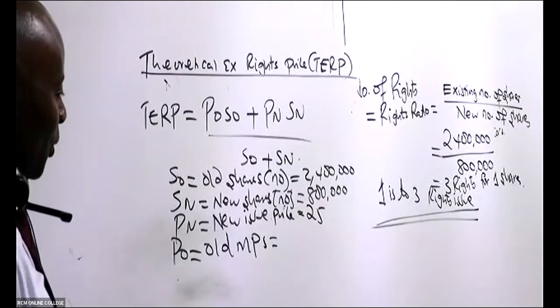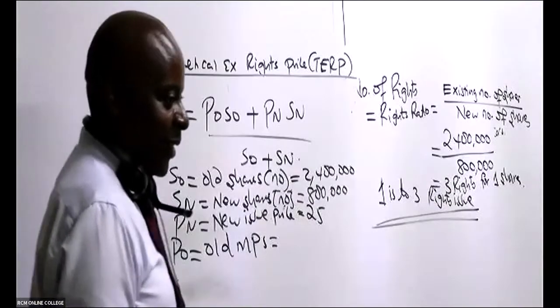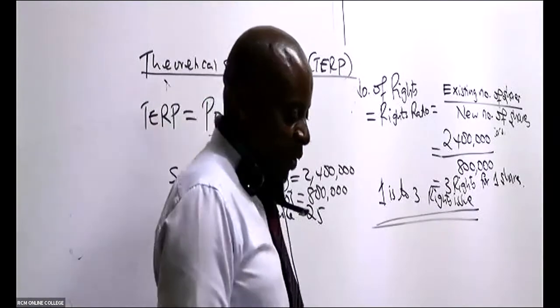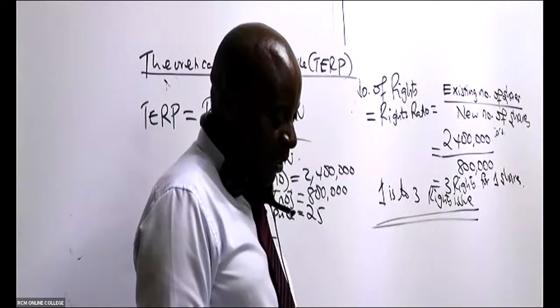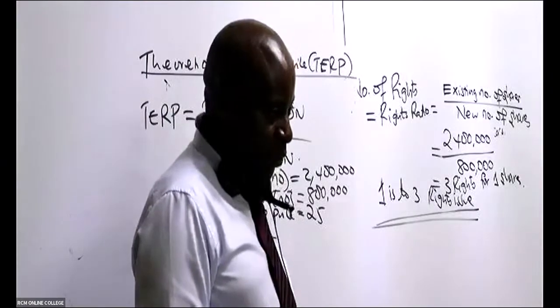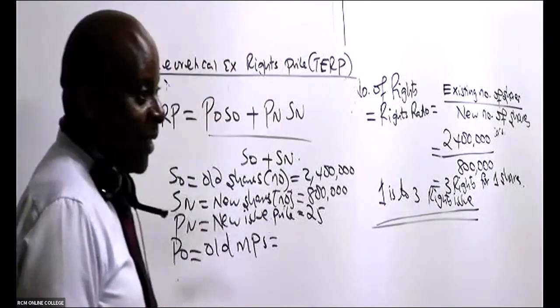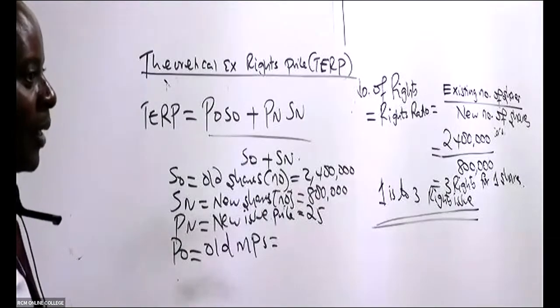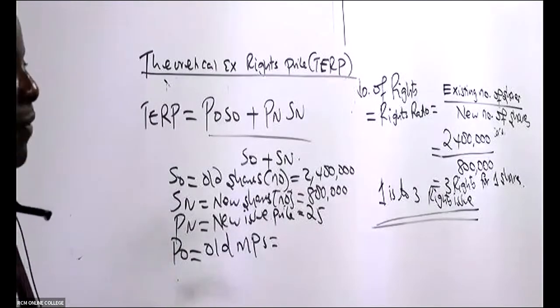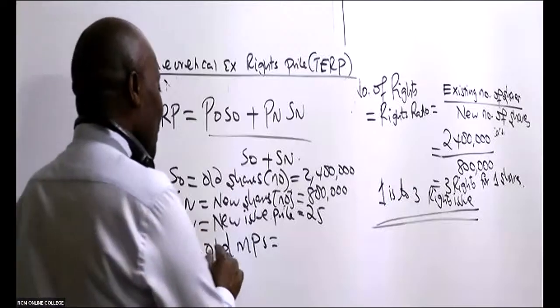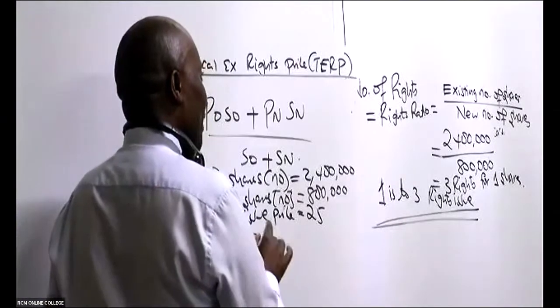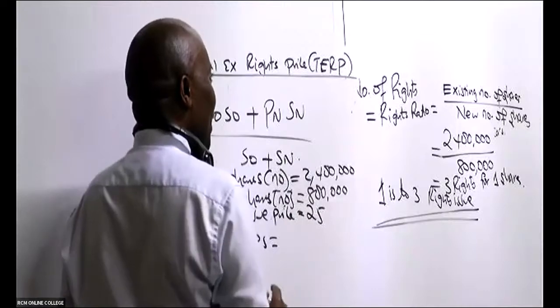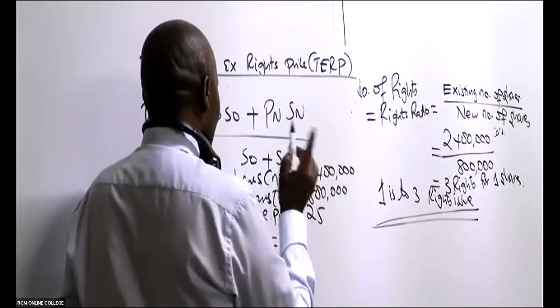So please give me this old market price per share. Now you're very quiet. Be nice to me as we finish. 30, remember that 30 figure? Now that 30 figure has been overtaken by events. Because of a new venture that is ahead of us, we are getting a share that is pregnant.